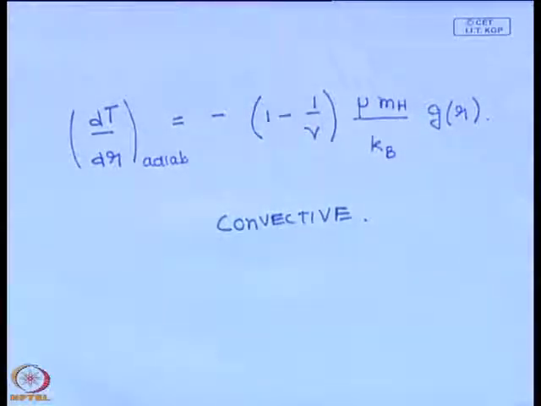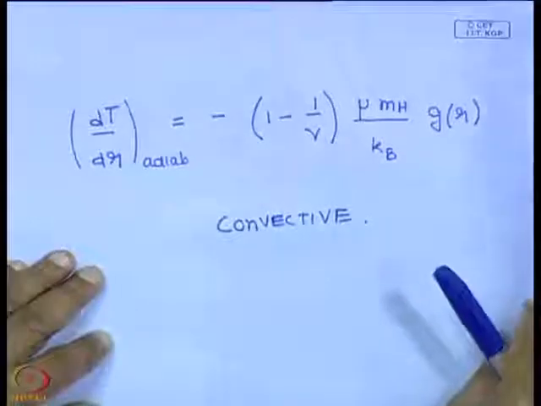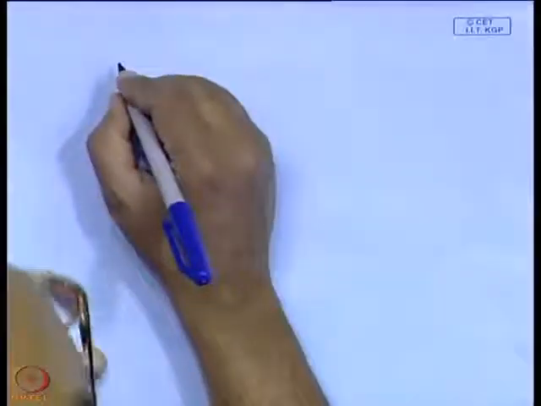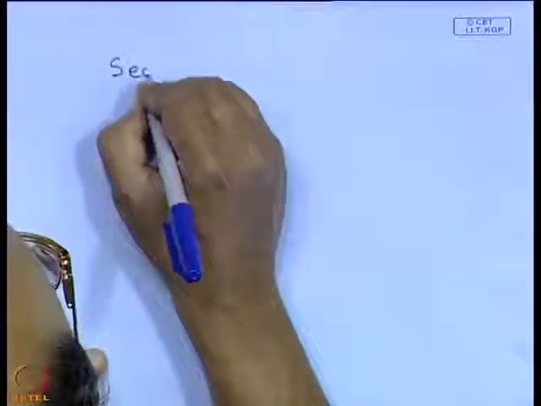Okay, so you have to simultaneously solve these 4 equations. In addition to these equations, there are certain secondary equations which are also required. So these 4 equations in themselves are not adequate. There are certain secondary equations that also have to be solved.